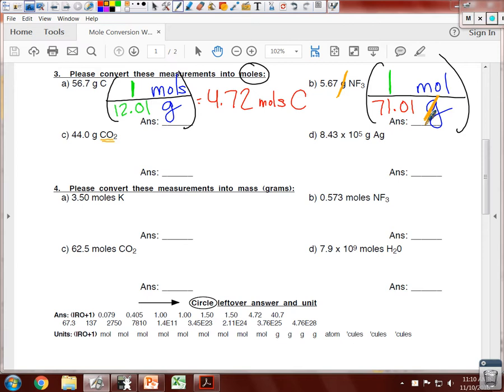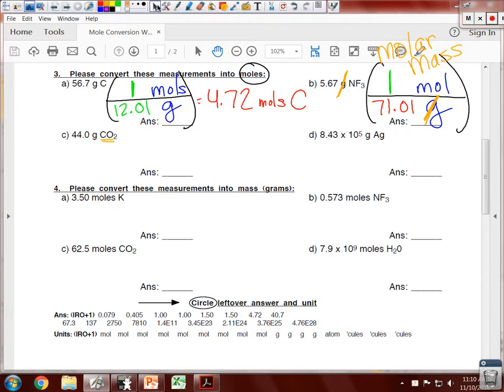So you should hopefully see the relationship here of what we're doing. We're just using parentheses to help our math out. But all we're doing is establishing a relationship for the molar mass. So you good? Okay, I just didn't know if you were.